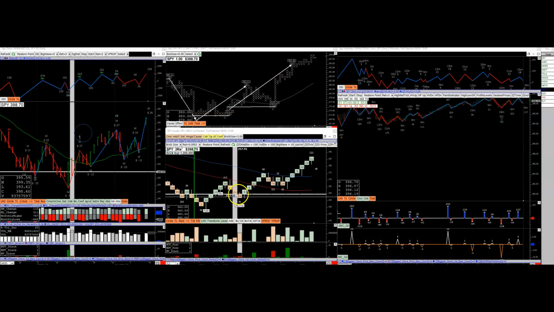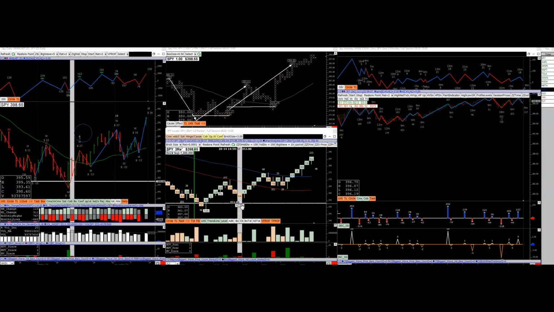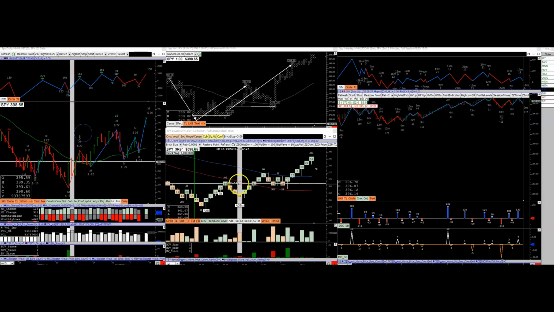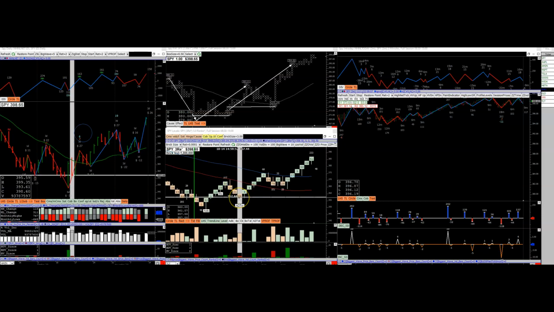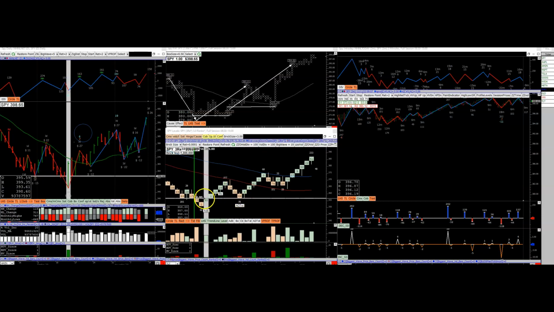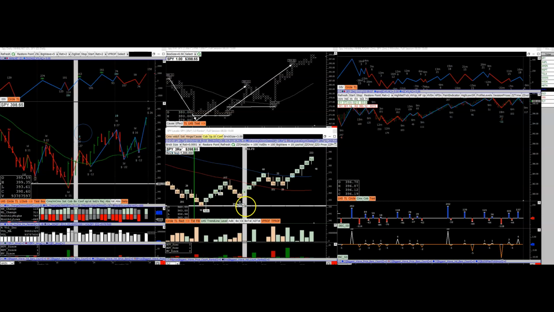So they're accumulating here. You have to be astute enough to realize this is the biggest volume in six bricks, so obviously they're accumulating on the way down. That's why you have it on a red bar, not a green bar. It's testing the prior accumulation and just buying more.